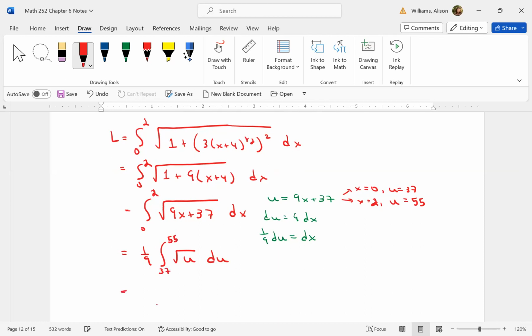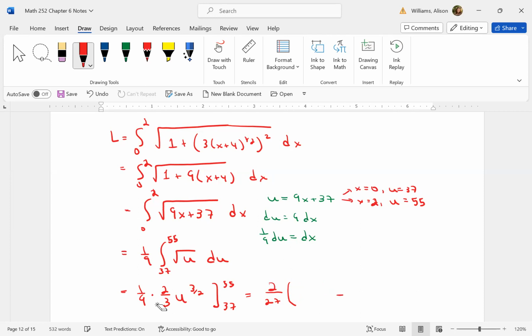Okay. Antiderivative. So u to the 1/2 becomes 2/3 u to the 3/2, from 37 to 55. No simplifying on that. That's just going to be 2 over 27, and then that's going to be 55 to the 3/2 minus 37 to 3/2.